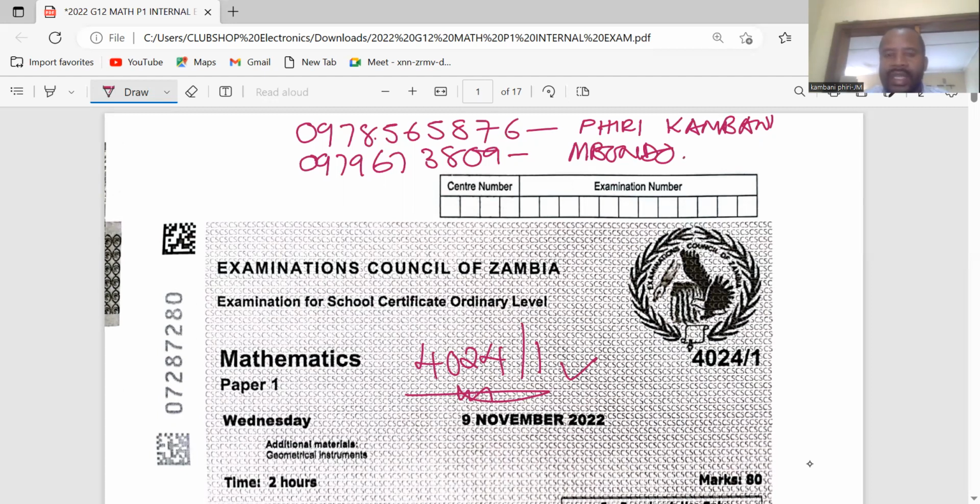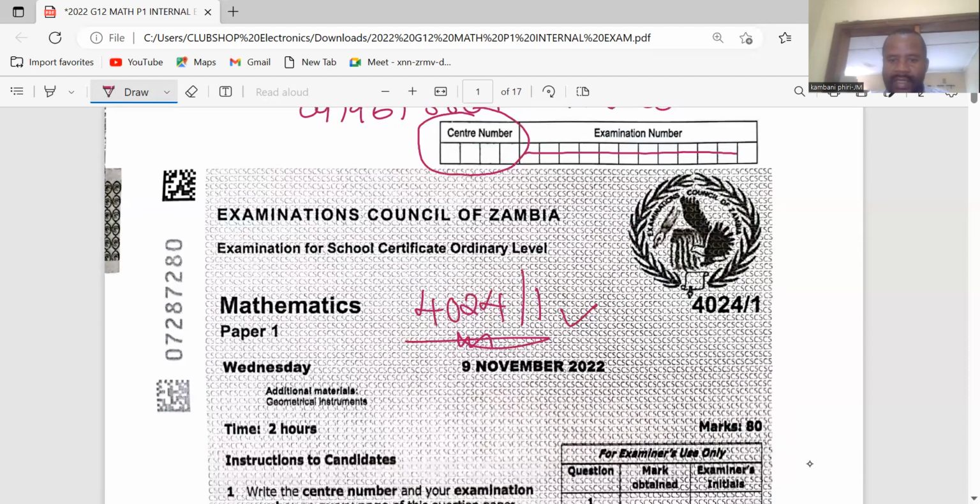So in this case, there's a provision for the center number as well as the exam number only. You're not supposed to write your name anywhere because there's no provision for such things.